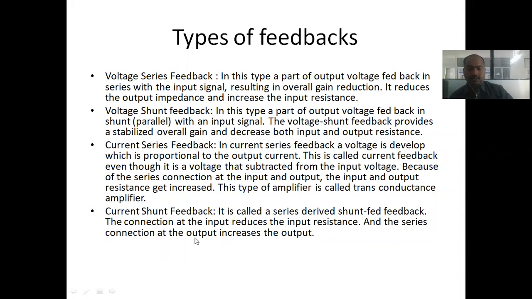This type of connection causes the input to reduce, and also changes the output impedance, right?